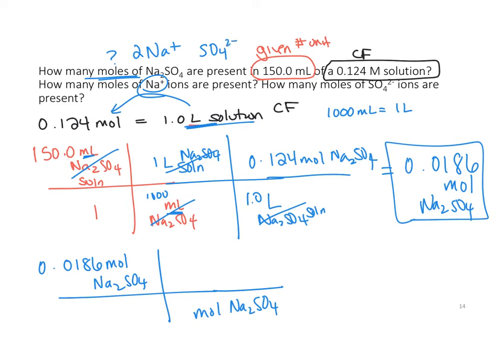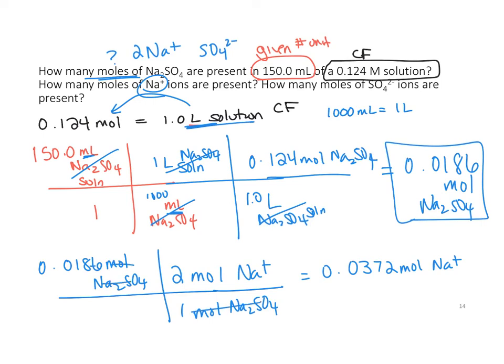So for 1 mole of sodium sulfate, we have 2 moles of sodium ion in solution. So now we can take 0.0186 times 2, and that tells us we have 0.0372 mole of sodium cation, and these cancel out.